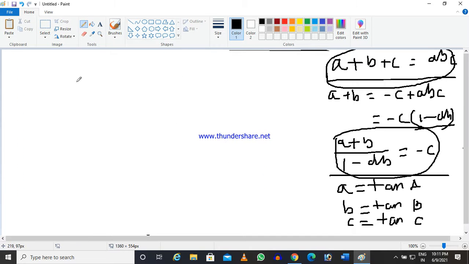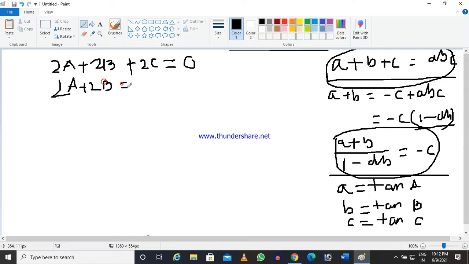If A plus B plus C is equal to 0, then 2A plus 2B plus 2C is also equal to 0, and we can write 2A plus 2B is equal to minus 2C.